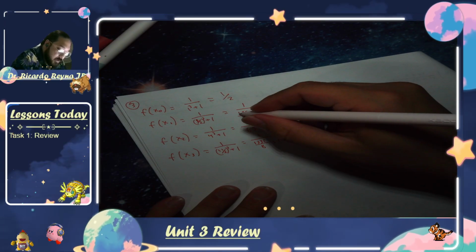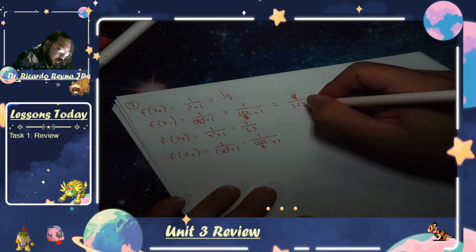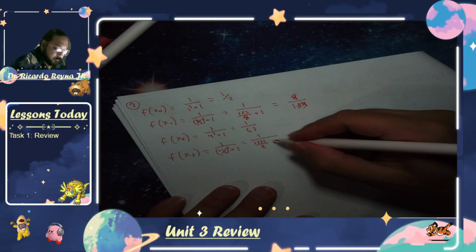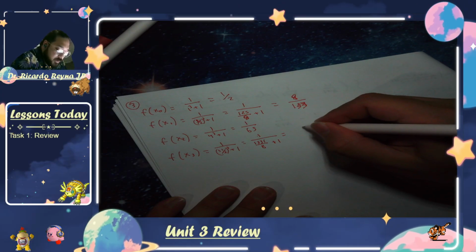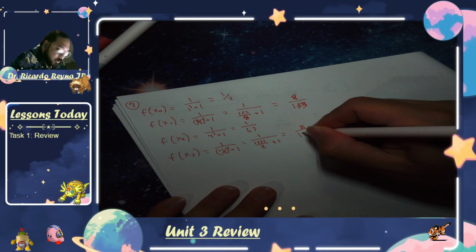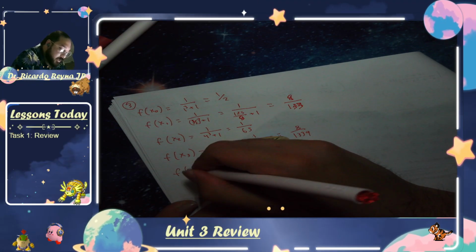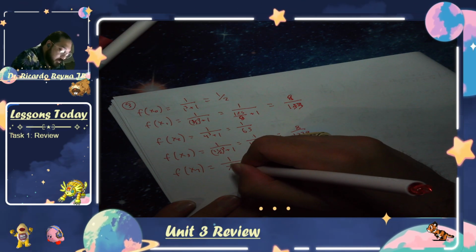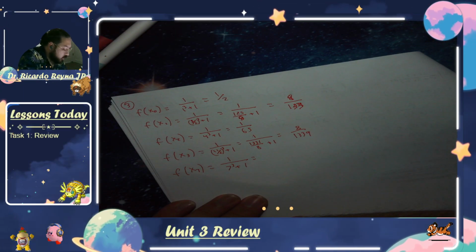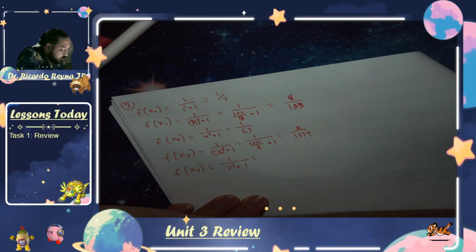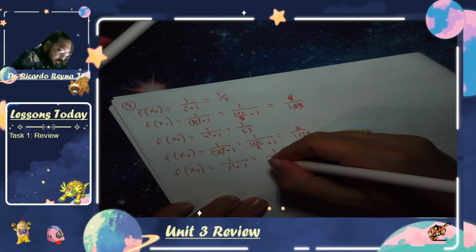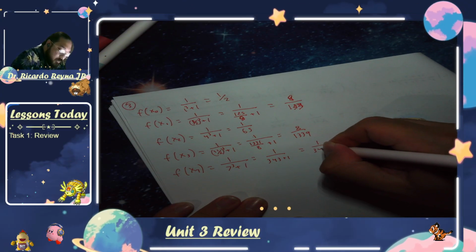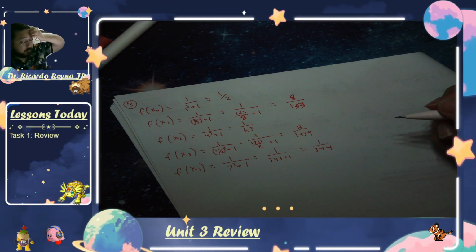Plus 1, in that case, I also added that incorrectly. 8 plus that is 1339, so it's 8 over 1339. That's x over 4, 1 over 7 to the power of 3 plus 1. 7 to the power of 3 is 343. It's just 1 over 344. Okay.